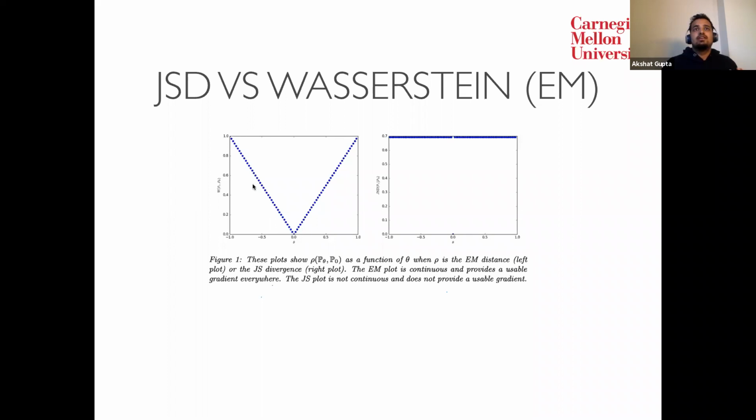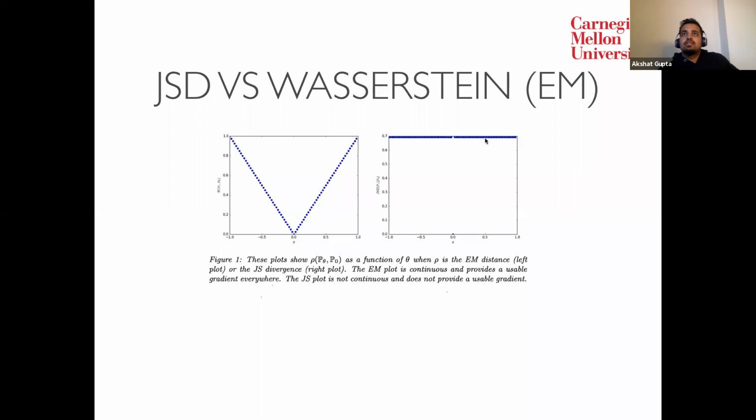This is a plot showing what we discussed. The plot here on the right is the JSD. We can see that the value is a constant. Theta is again the distance between the two peaks. We can see that the value is a bunch of constants until theta is 0. When theta is 0, the value is 0. And when theta is again greater than 0, the value is again a constant.